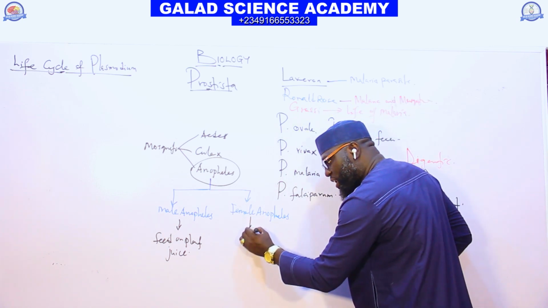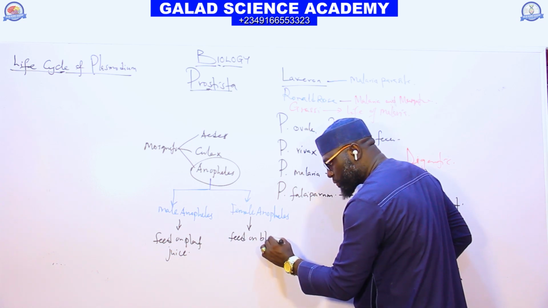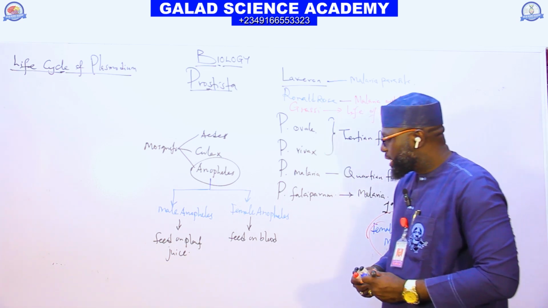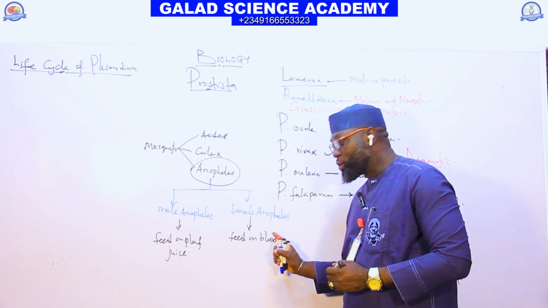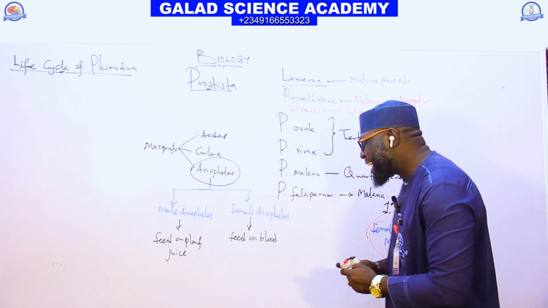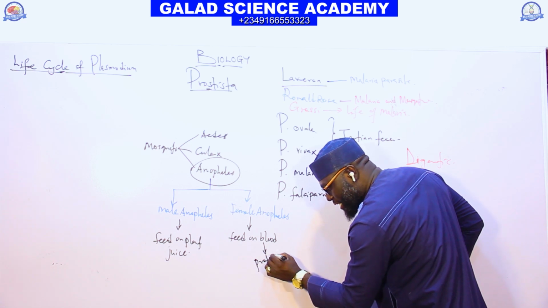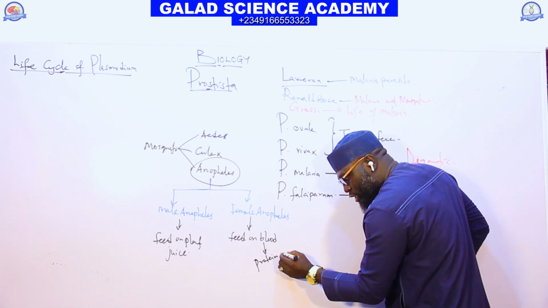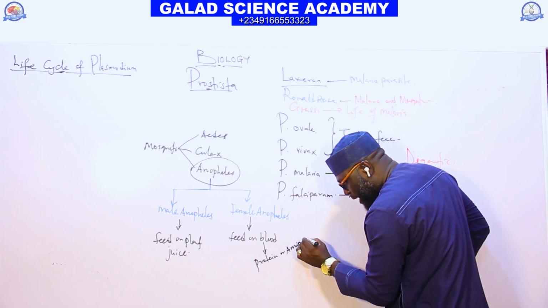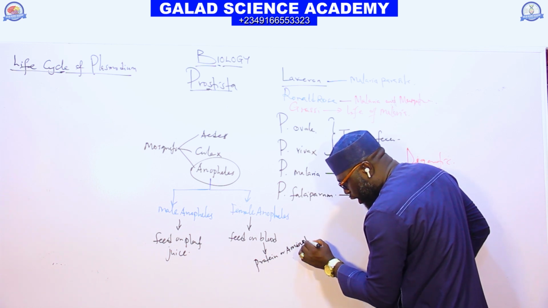But the female Anopheles mosquito feeds on human blood. The blood is not the original meal of the female Anopheles mosquito. It will feed on human blood and extract the protein part of the blood, or amino acids.